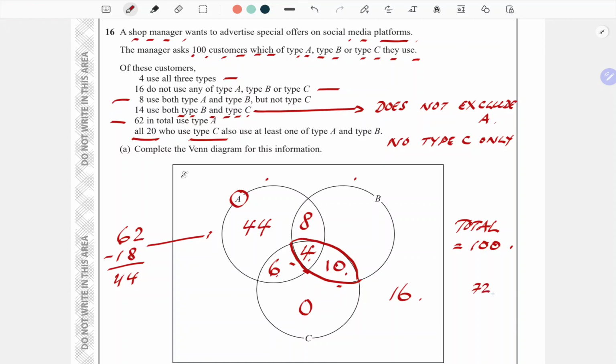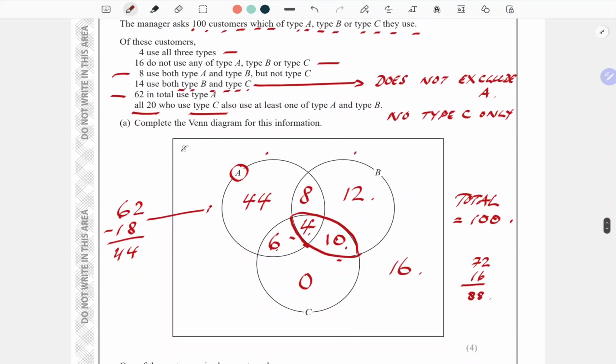So 72 plus 16, 88. So we're missing 12, and the only place those 12 can go is in B, all right? That completes the actual Venn diagram and how to structure it, all right? So if you leave it like that, I've done a lot of explanation, but if you just put the numbers in, you can see how that's been achieved.